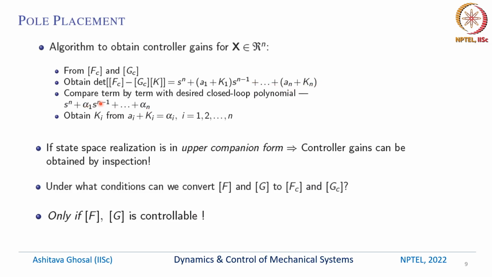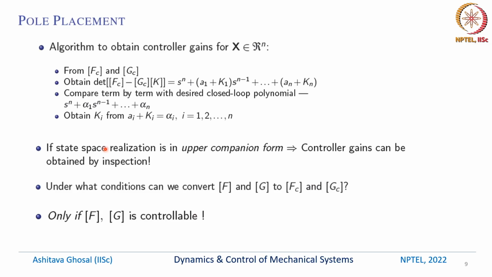Then if you are given a desired closed loop polynomial of the form s^n plus alpha 1 s^(n-1) and so on up to alpha n, we can just by inspection obtain Ki from this expression, which is Ai plus Ki equals alpha i for i equals 1 through n.